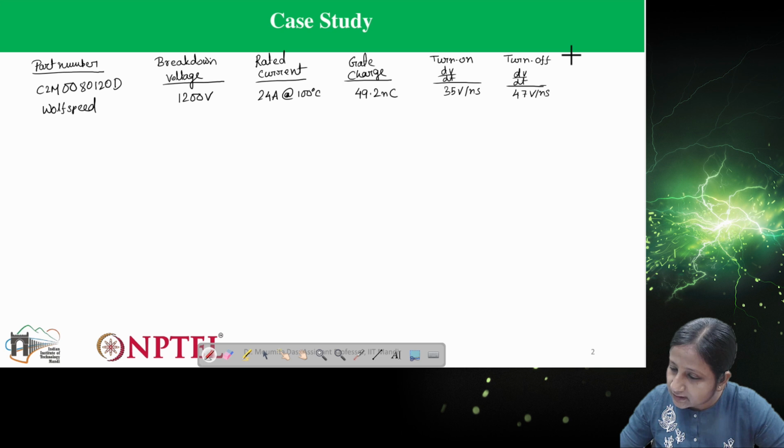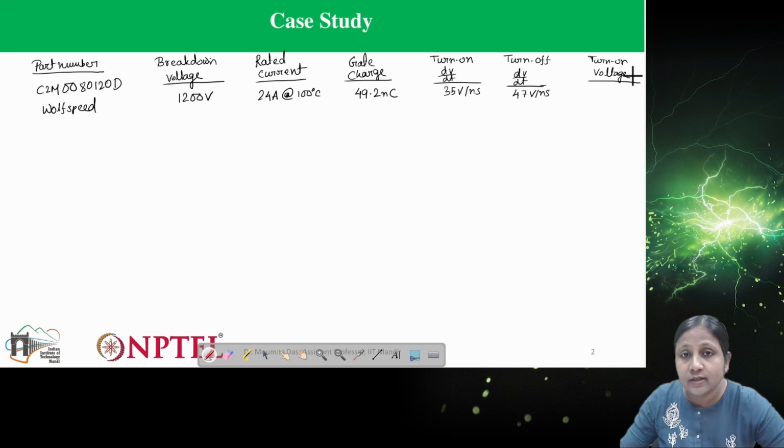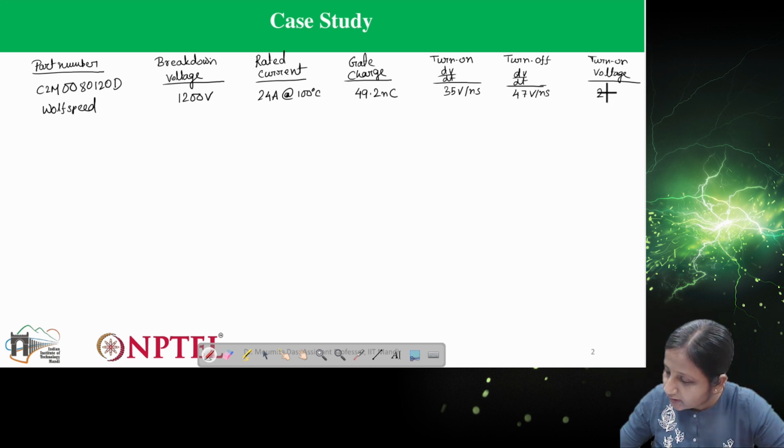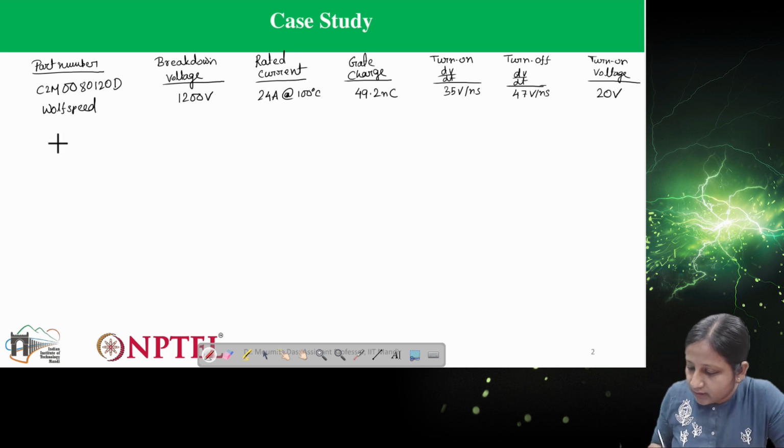So the turn on gate voltage, which we represented in the previous discussion as VCC, is 20 volts.